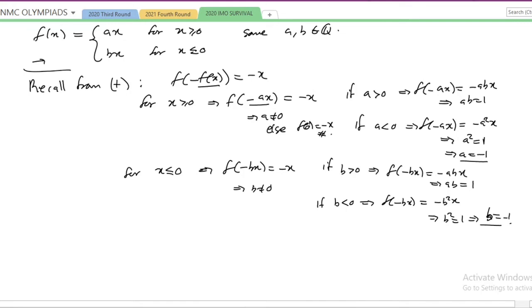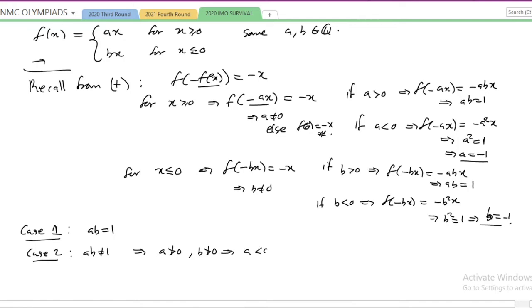Okay, so we're going to summarize this as follows. So we have majorly two cases. Let's say case 1: ab is equal to 1. Then case 2 would be when ab is not 1. So this will imply that a is not bigger than 0, and also b is not bigger than 0, otherwise we'll have ab equal to 1.